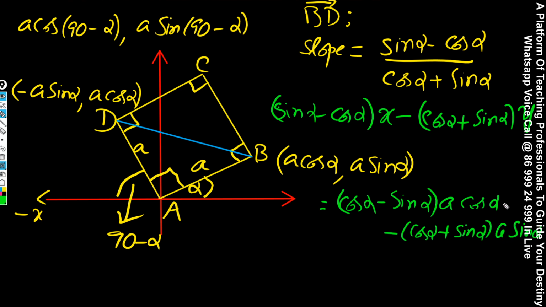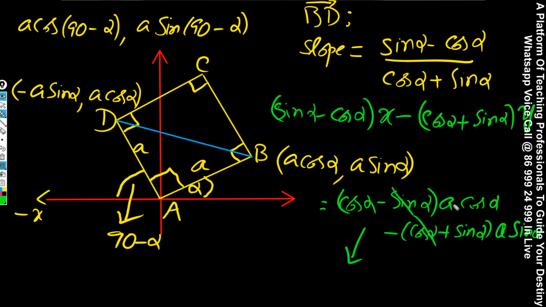This is a short form of writing the line equation I taught you in the beginning itself. In the first video, I explained this. This is A cos square alpha minus A cos alpha sin alpha. This is also minus A cos alpha sin alpha. These two get cancelled. So, what is the simplified form?